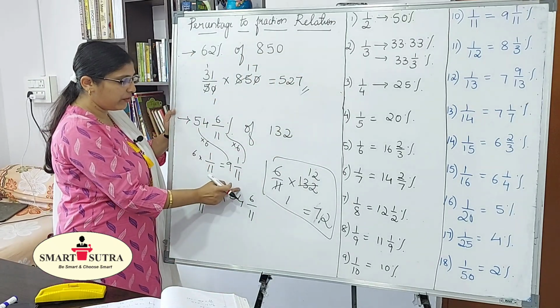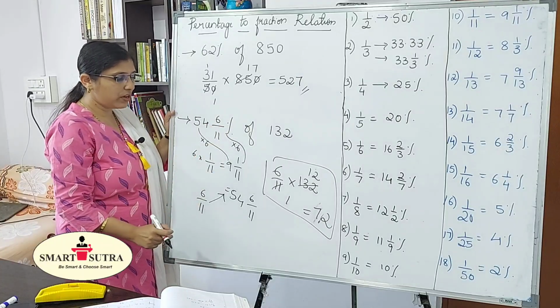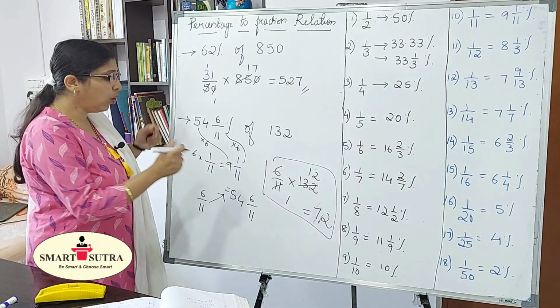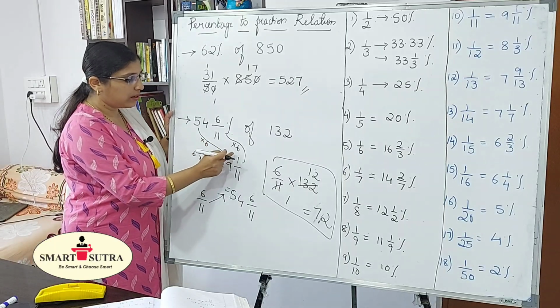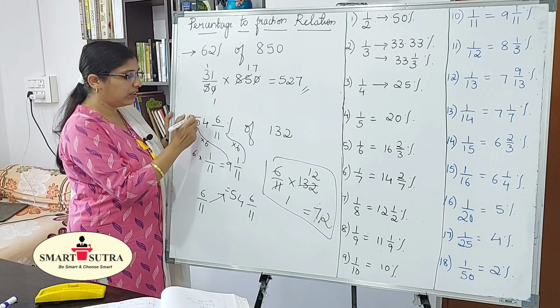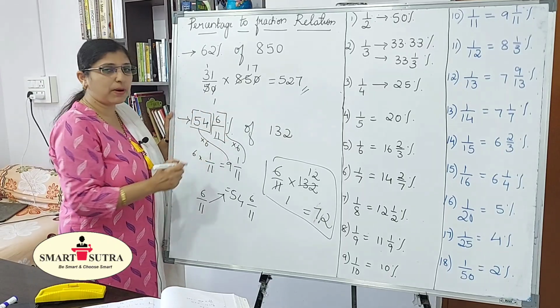So 9 1 by 11 multiplied by 6 is 54 6 by 11%. Always when you are multiplying, you cannot multiply only with the integer. It should always get multiplied with the fraction part also.